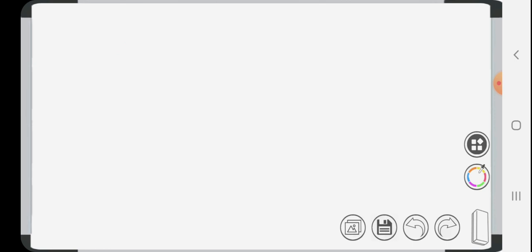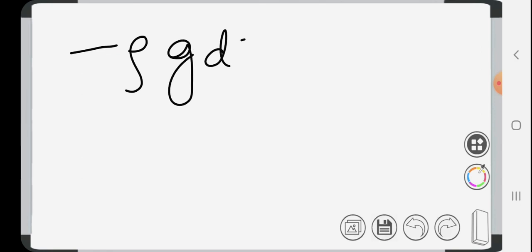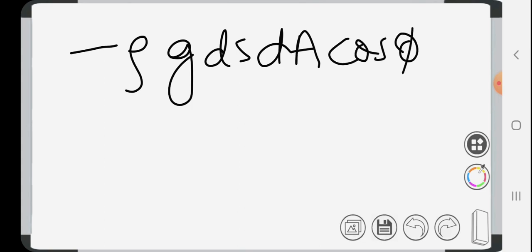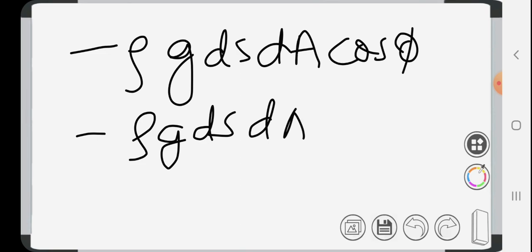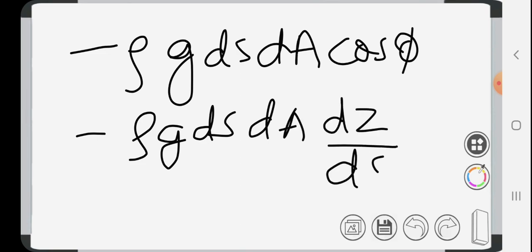So now the component of weight in the direction of motion is nothing but, dW is rho g ds dA into cos phi, minus rho g ds dA into dz by ds.